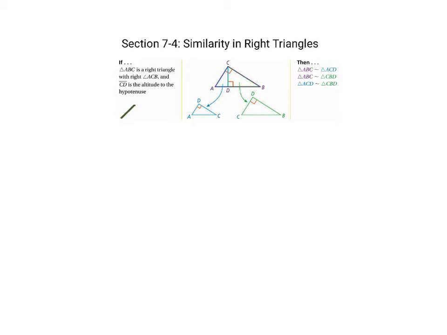and when that picture looks like this. So we get a little right triangle there, and then we have a piece extending from our right angle in our large right triangle to its hypotenuse and making another right angle.